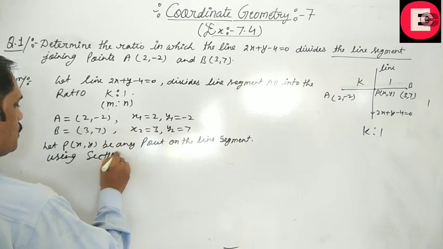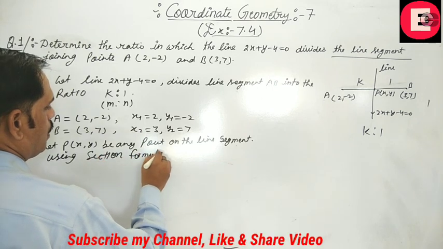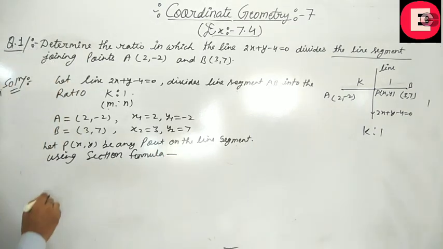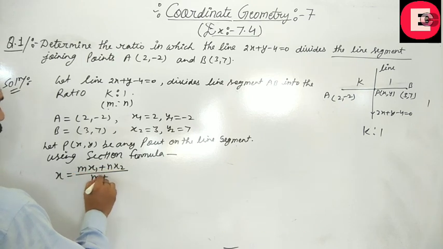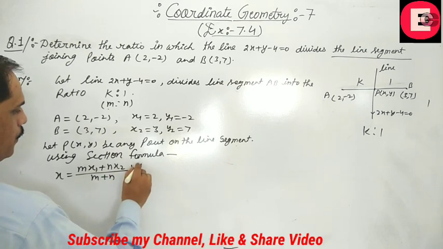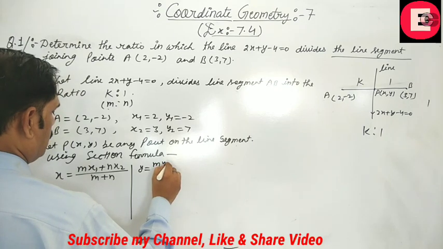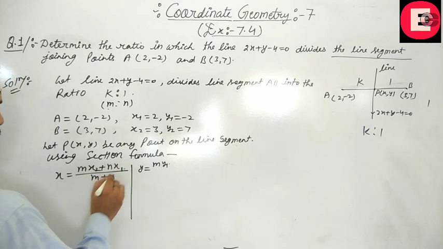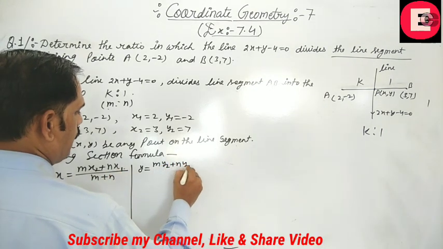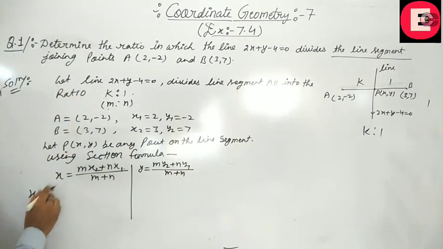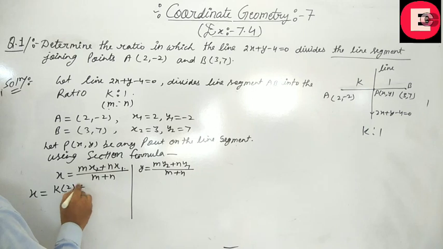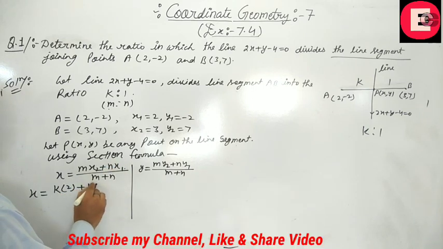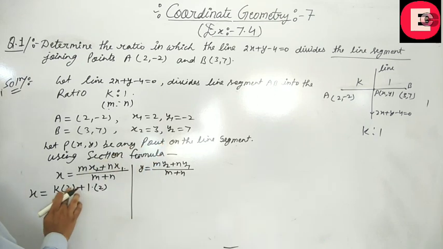Now, using the section formula, here x is equal to (m x2 + n x1) upon (m + n), and y is equal to (m y2 + n y1) upon (m + n). For x, put the value of m which is equal to k, x2 is 3, n is equal to 1 and x1 is equal to 2, then k + 1.